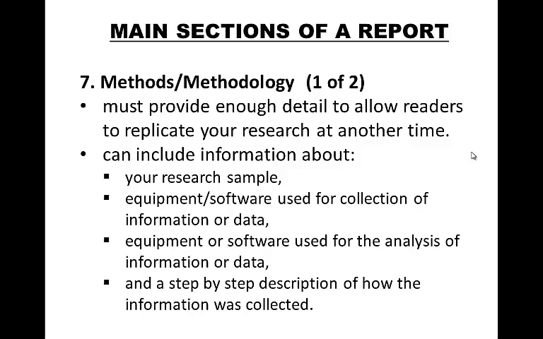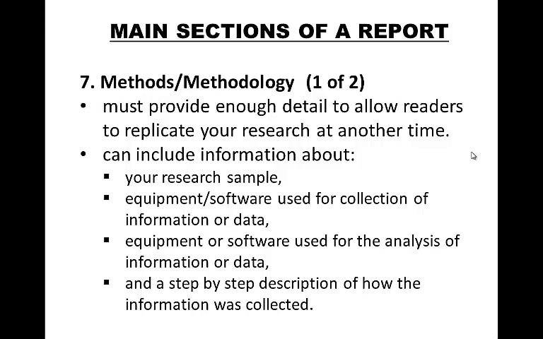This section can include information about who participated in the research or the sample, the equipment or software used for collection of information or data, the equipment or software used for the analysis of information or data, and a step-by-step description of how the information was collected.